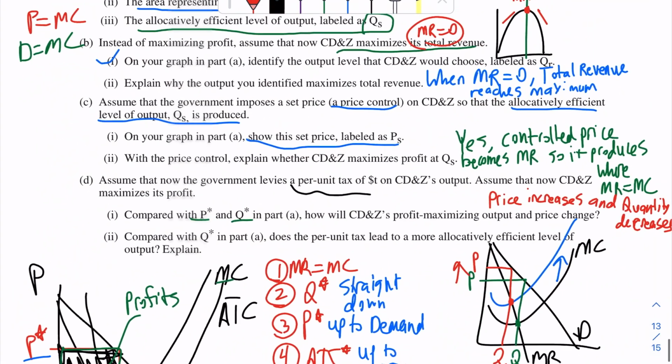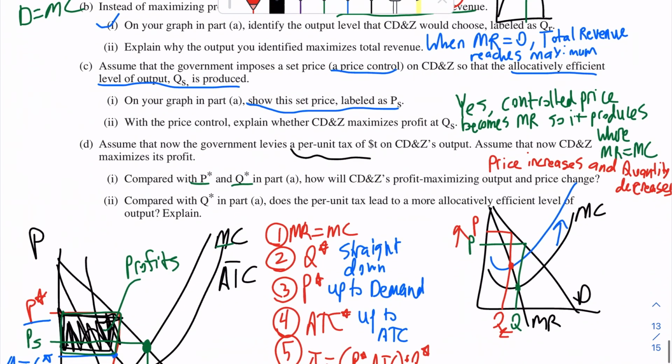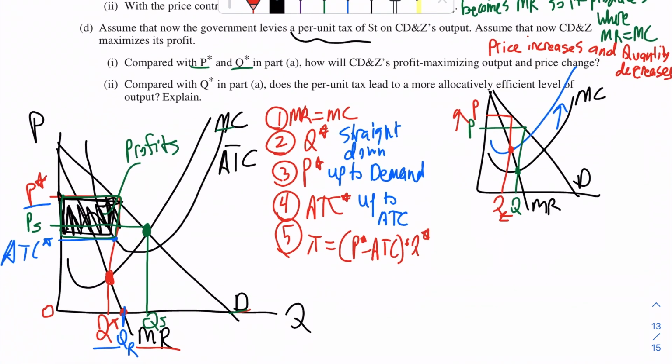Now, the second part here, compared with the quantity in part A, so part A is up here, does this per unit tax lead to a more efficient level of output? So what happened to output? Well, we just said that output decreases. So we want to be at QS, right? Because that's the allocative efficient one. Are we moving closer to that or farther away from it? We are actually moving farther away from it.